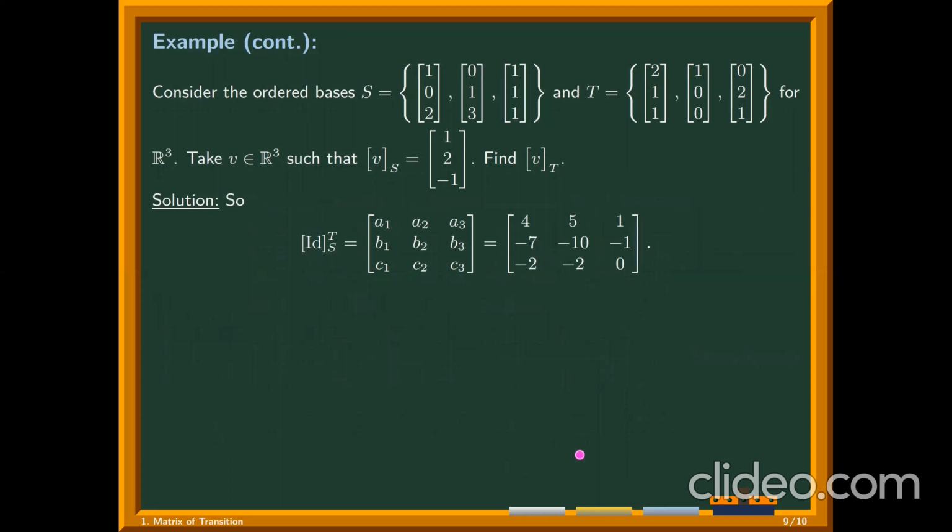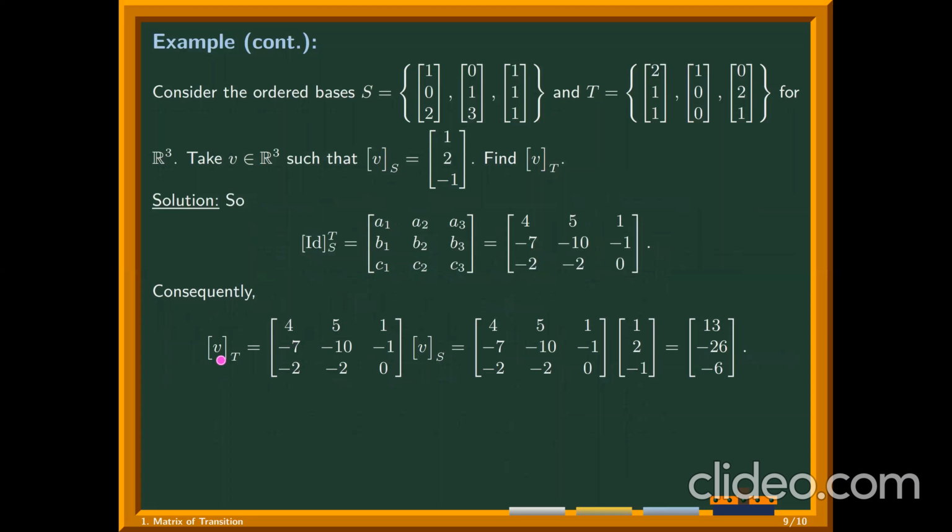Okay, so we are now ready to determine the coordinate matrix of V with respect to T. This is obtained by multiplying the coordinate vector of V with respect to S by the transition matrix that we obtained. And you can check that the result is given by the 3-vector with components 30, negative 26, negative 6.